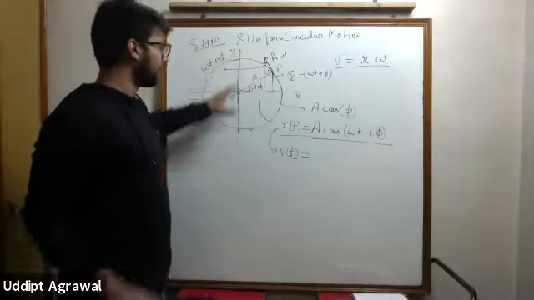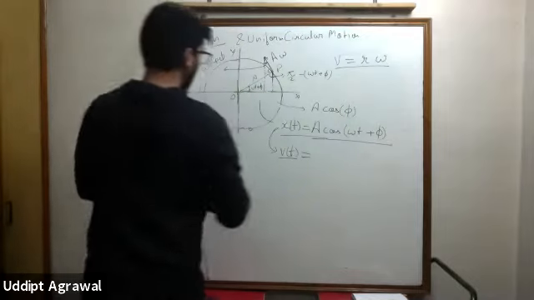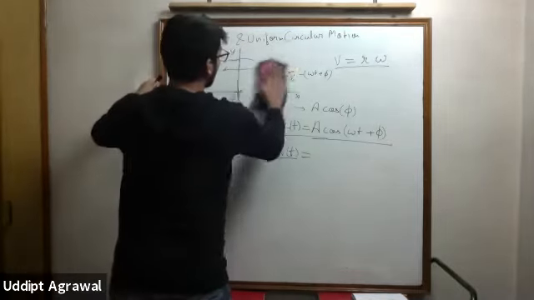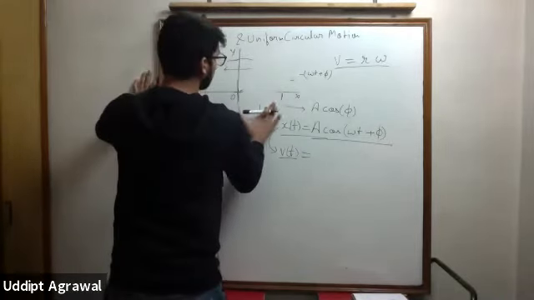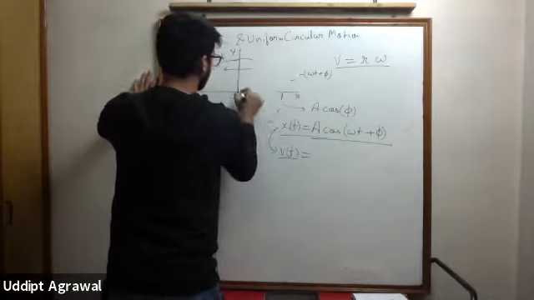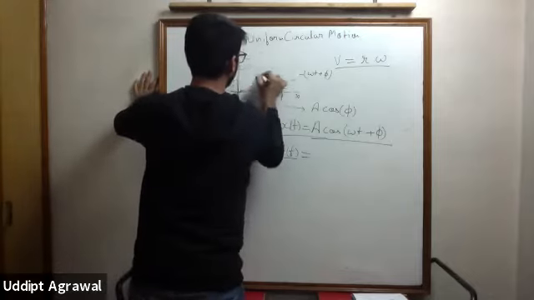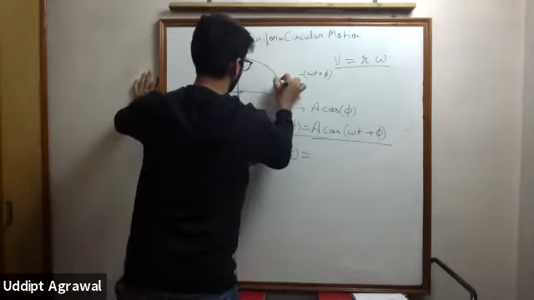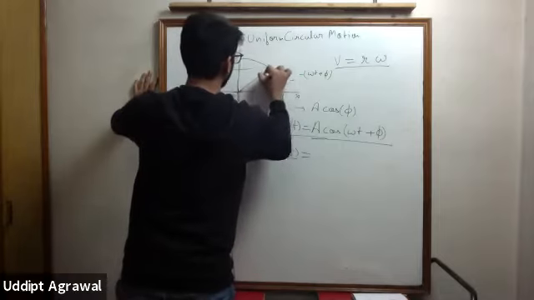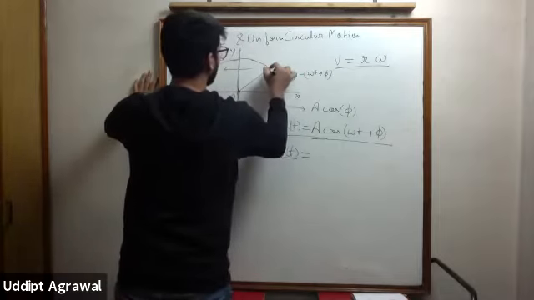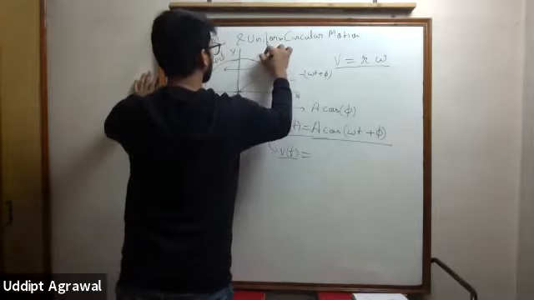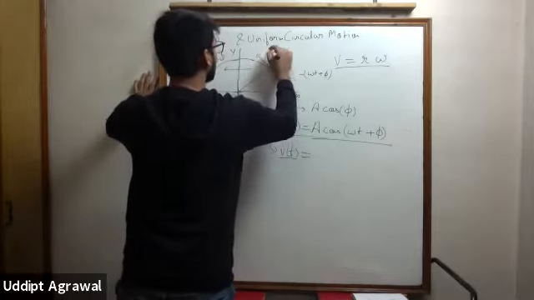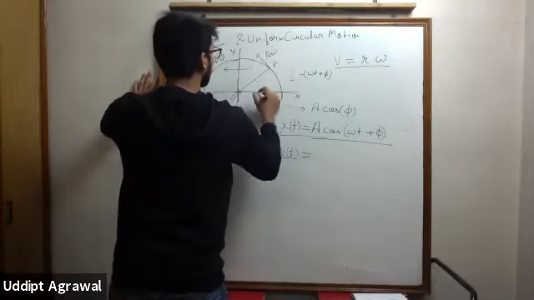Okay, let me explain again. What we did is quite simple, and I'm trying to simplify it again. This is P. This is my velocity vector, which we have come to know as a omega.